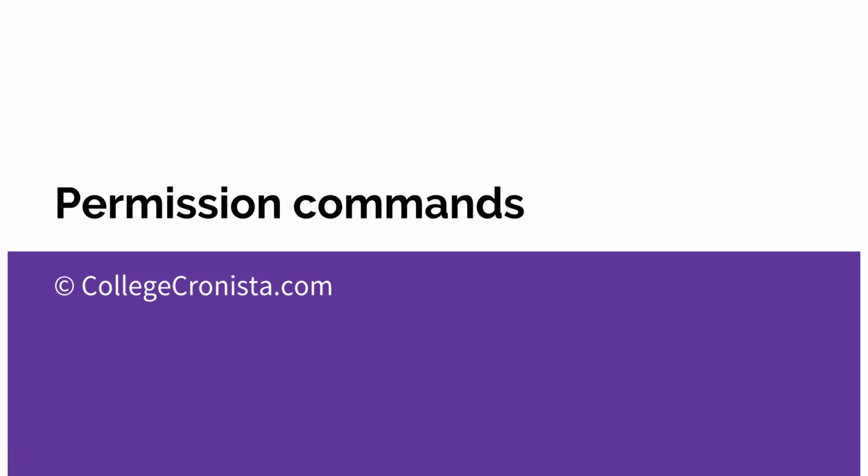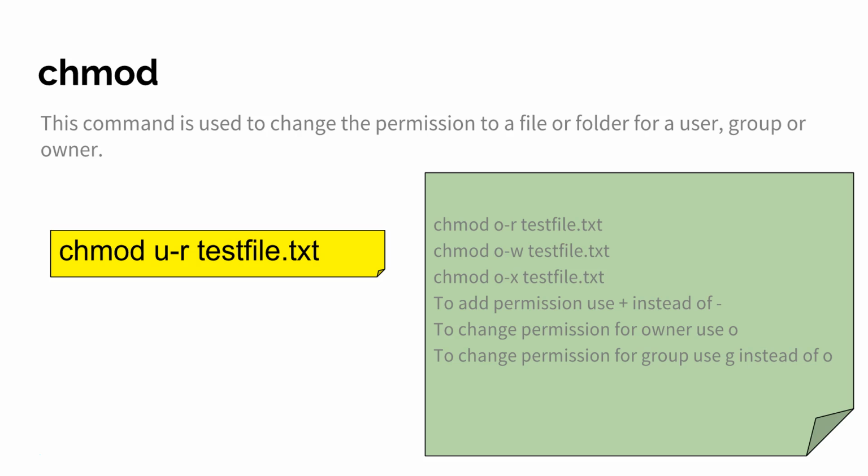Permission commands, so it's very simple, just 3 sets of commands to start with. Change mode, again, when you download a file or installer or something from the internet on Linux, by default it is not executable. Okay, to execute you have to change the permissions. So the chmod command is the one that you use.